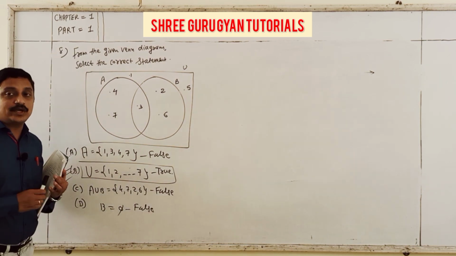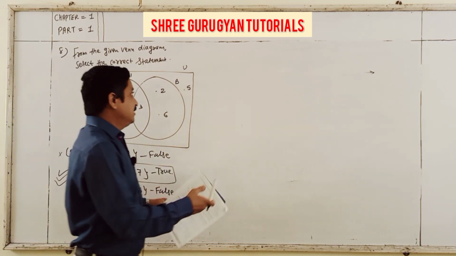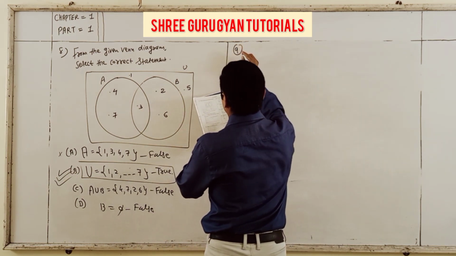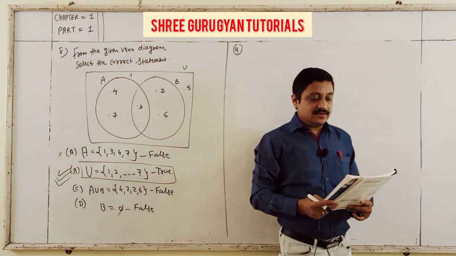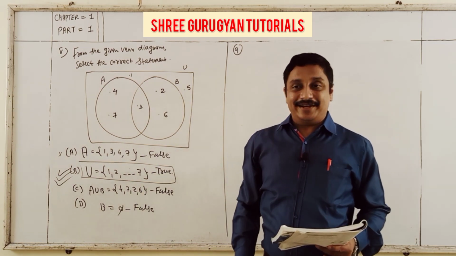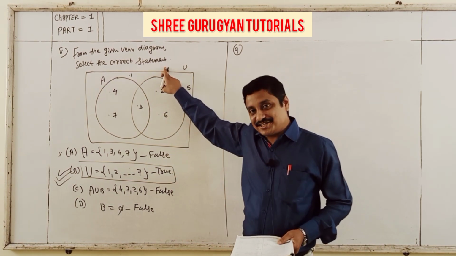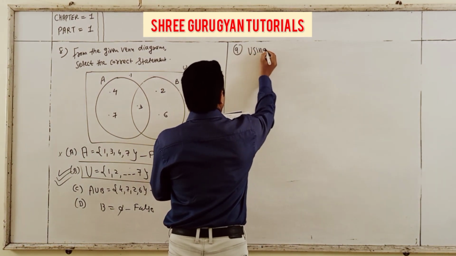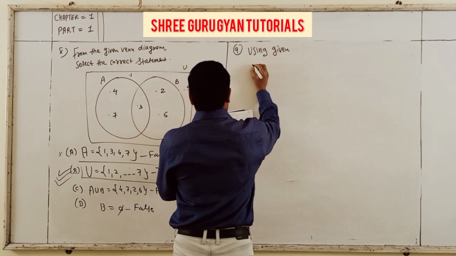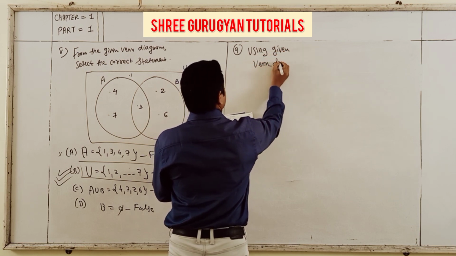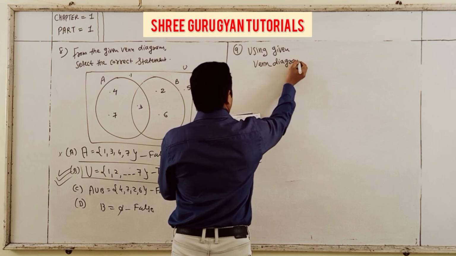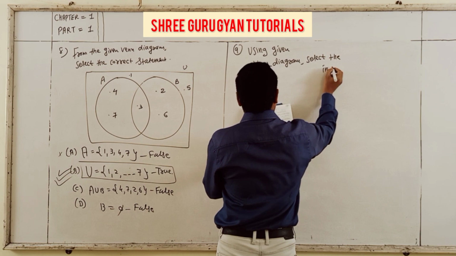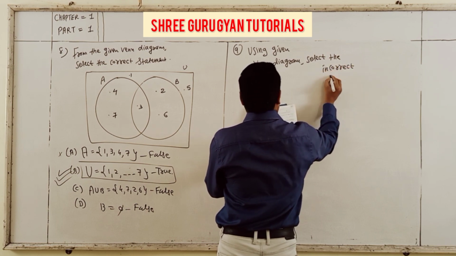The 9th one is the same as the 8th. Question: using the Venn diagram, select the incorrect statement.